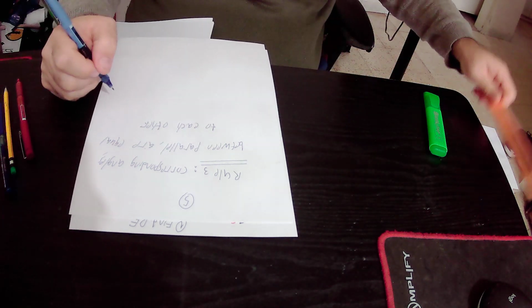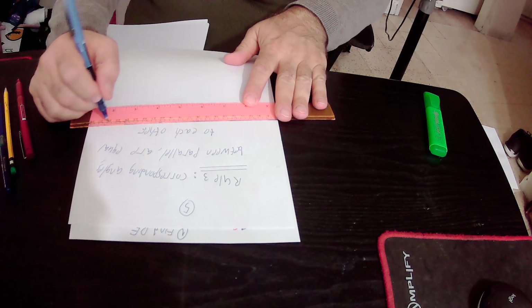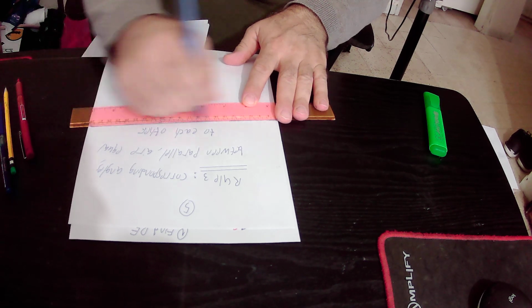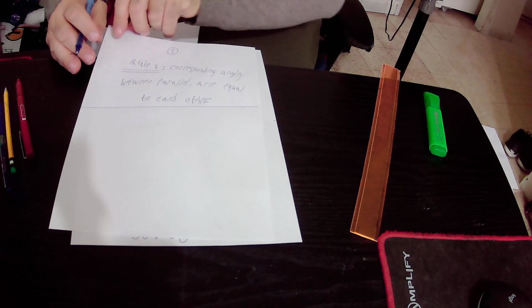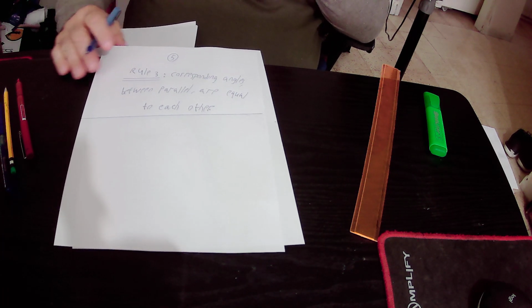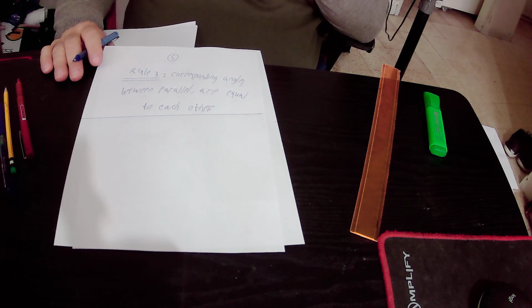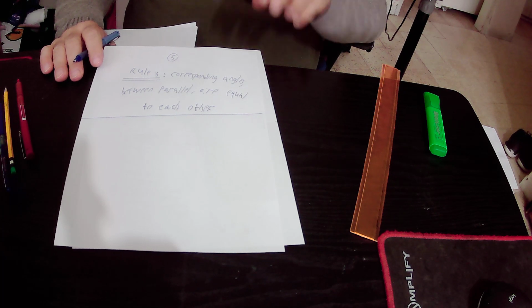So I will read rule number 3 again. Rule number 3 states that corresponding angles between parallel lines are equal to each other.